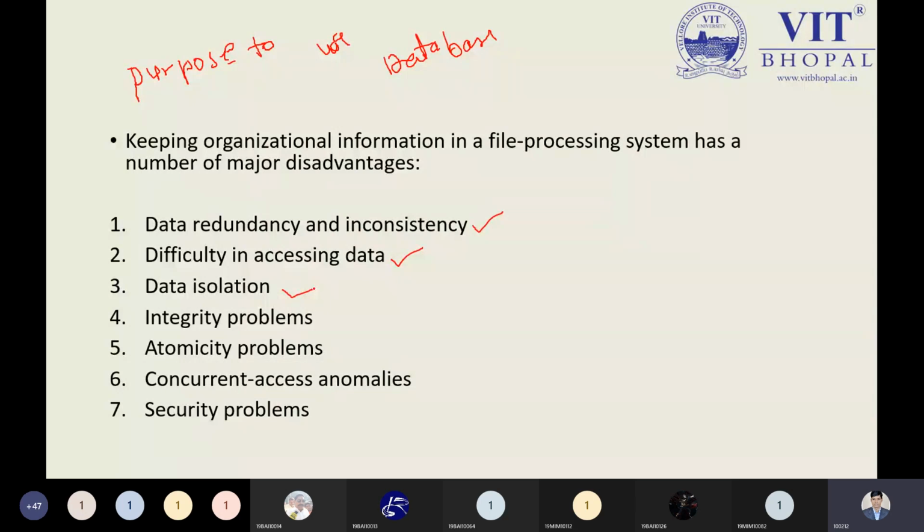So data isolation just filters your data. It is supported by the database while it is not supported by the file system. In a file system, you can keep the information in any format, in any mode, but this is not a good way. So data isolation is a necessary part. I remember a real example in MS Teams: you can upload your file in any format, there is no issue.